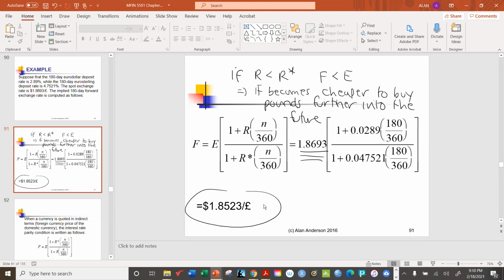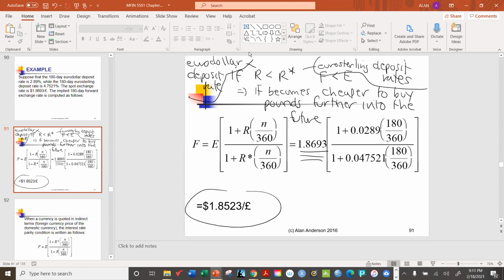And again, when I say UK rates, I mean eurosterling deposit rates versus the eurodollar rate. Okay, that's the relationship we're looking for.